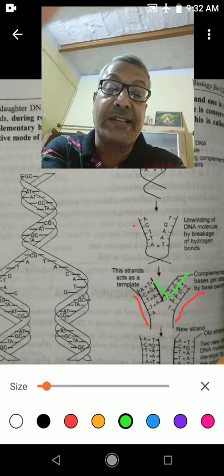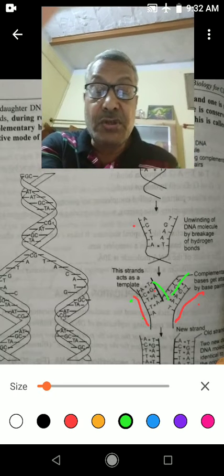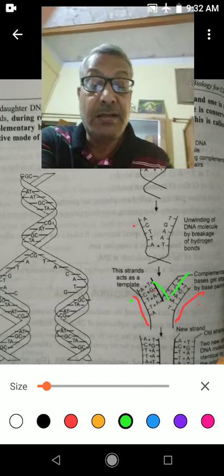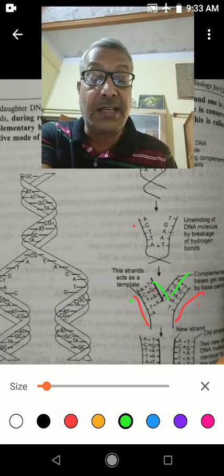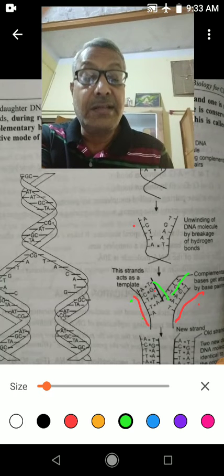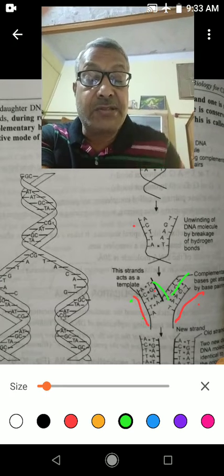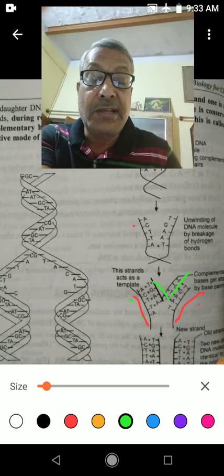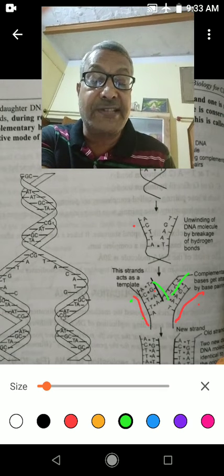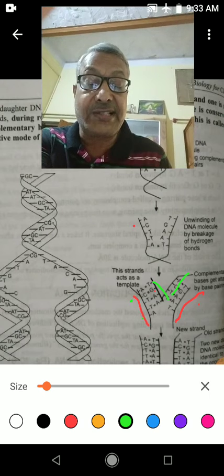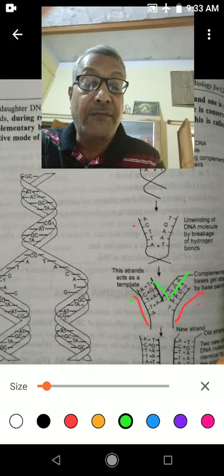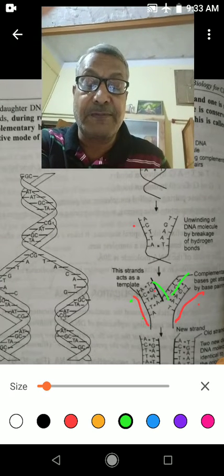Again thymine will attract adenine. So the base in the template decides the complementary base to be present in the new strand. Each nucleotide of a separated chain attracts its complementary nucleotide from the cell cytoplasm.